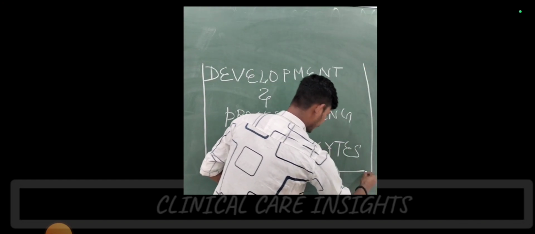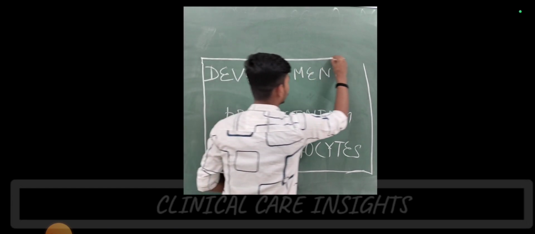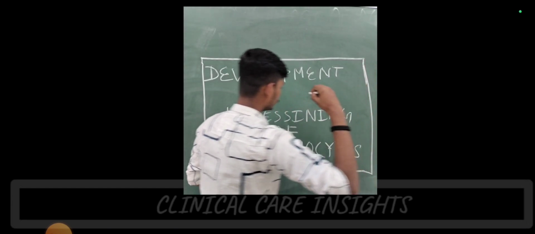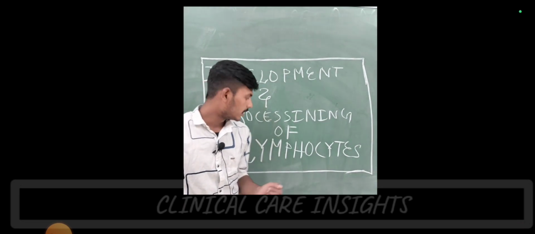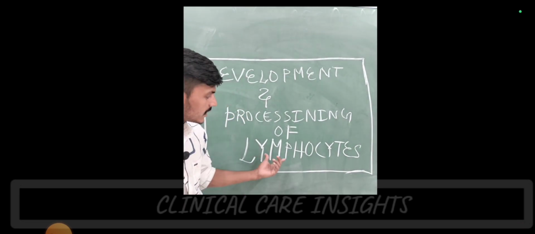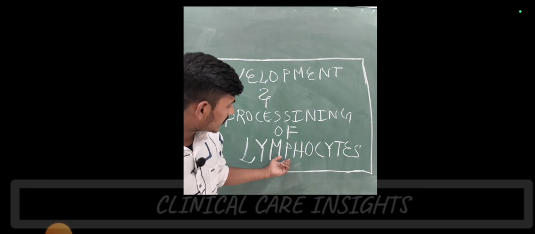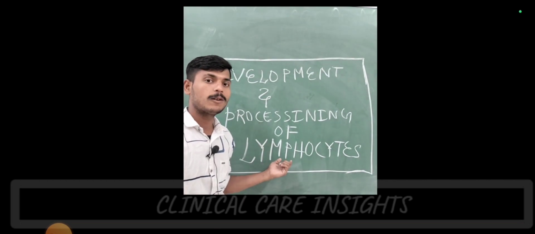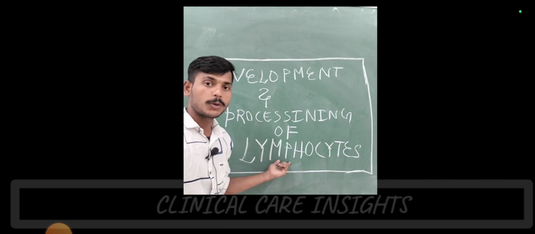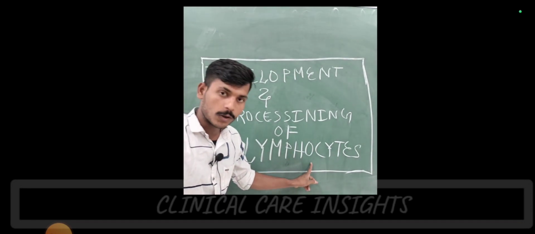Before describing the lymphocyte, I want to know something from your side. Did you first hear this term lymphocytes? It's a type of WBC which is produced from the bone marrow.